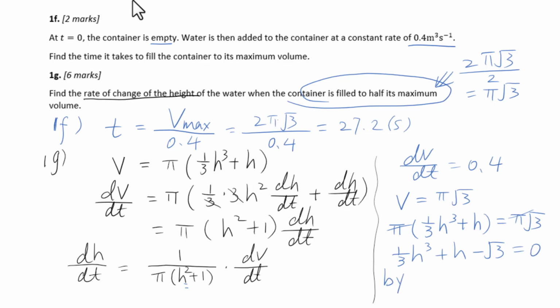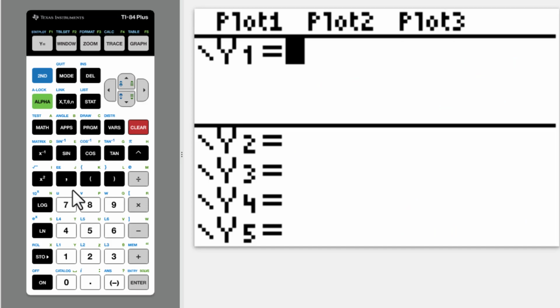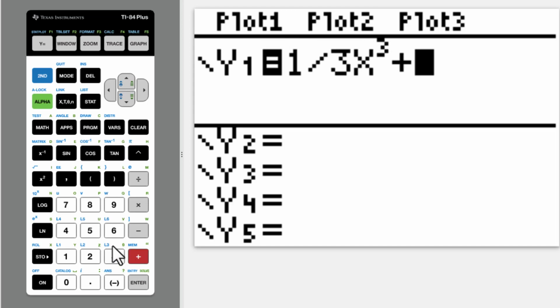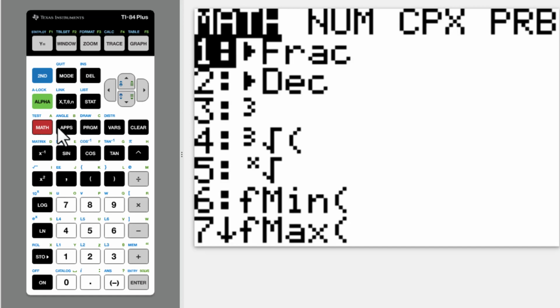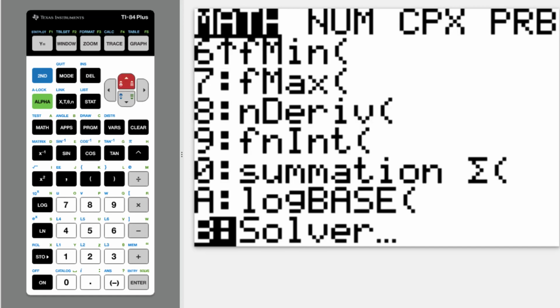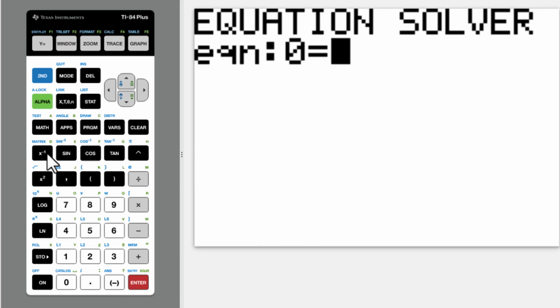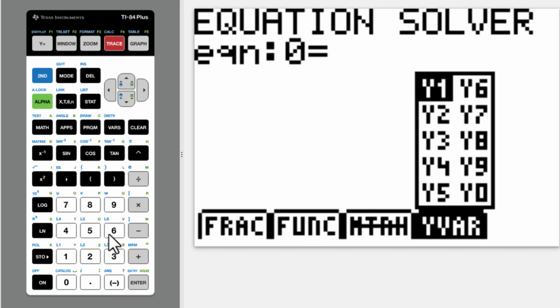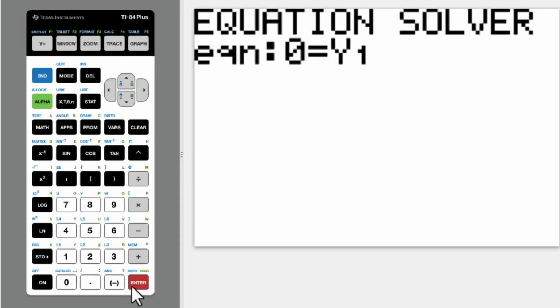By equation solver, we will get h. Let's go to y1: 1 divided by 3, x to the third power, plus x, minus square root of 3. Then quit, go to math, equation solver. Alpha, trace, go to y1, enter.